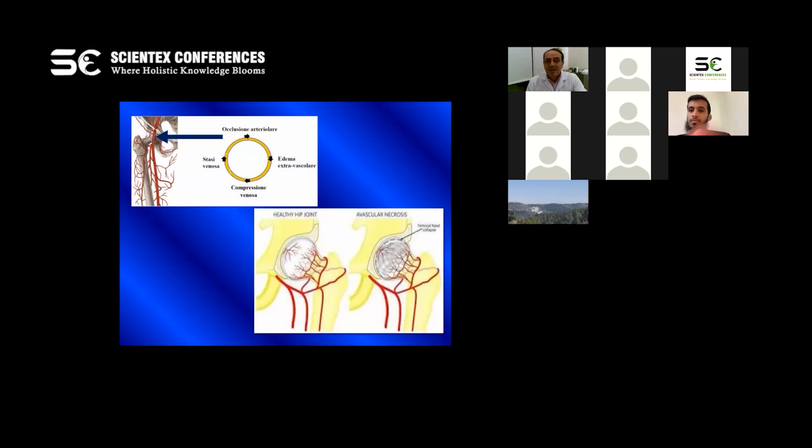We can see in this picture an occlusion of a small artery, then there is extravascular edema, compression of the vein, and there is stasis. This causes a lack of blood in the head of the hip, and then we have avascular necrosis.